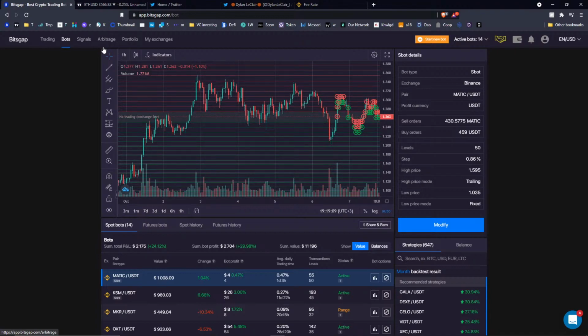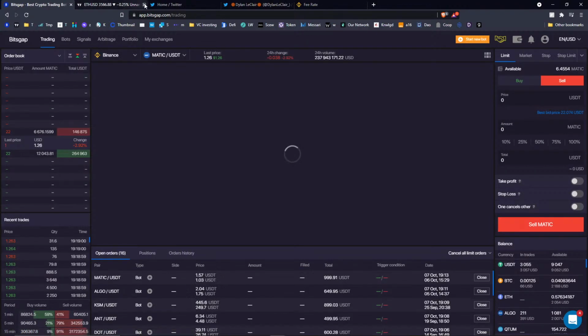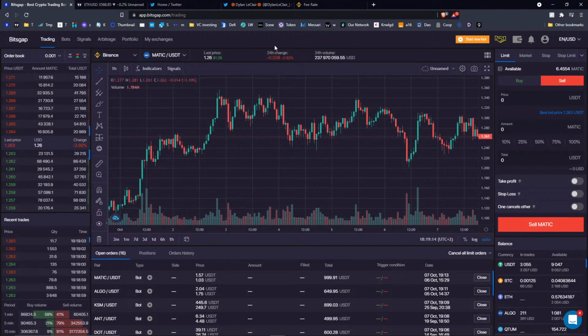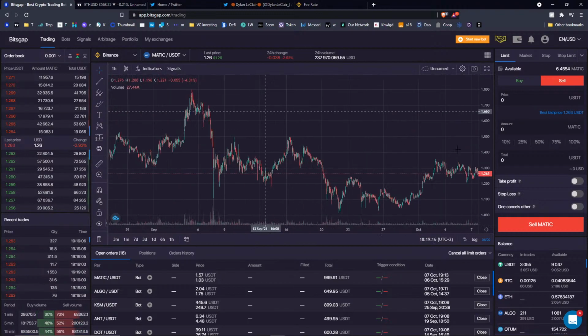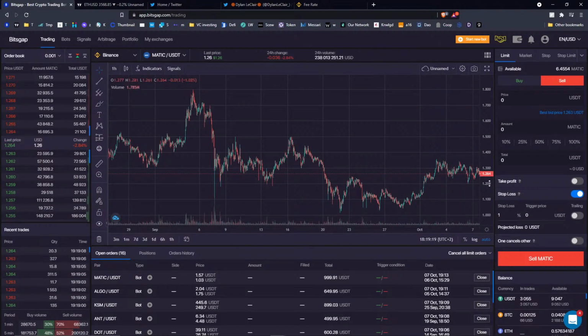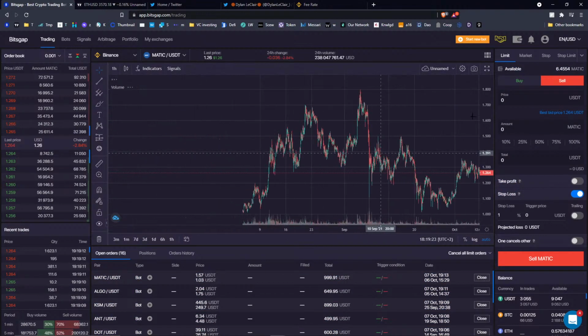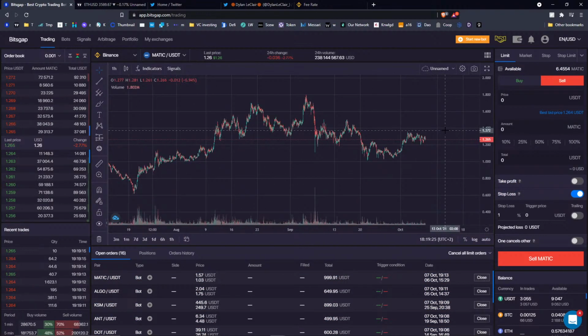So everything is here at your disposal. You have all necessary tools for you to protect your portfolio. Essentially, stop loss is the best solution. That's like the essential risk management tool, but you can use other things as well that we have.